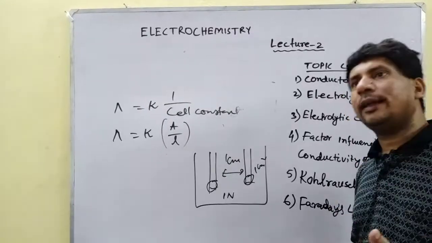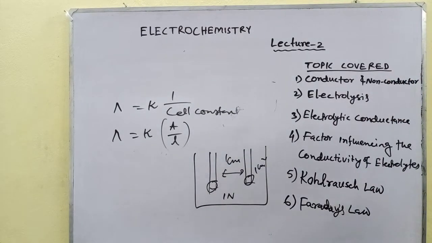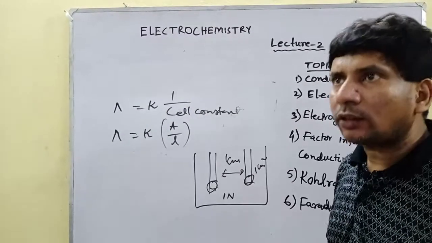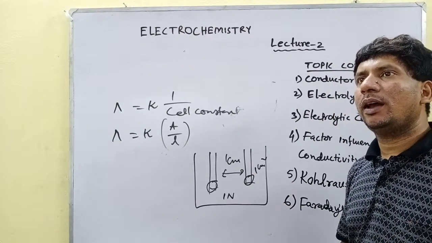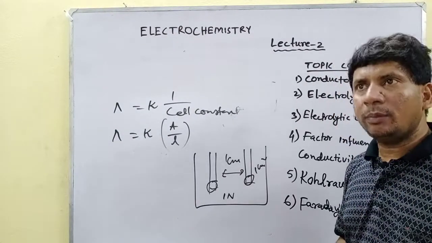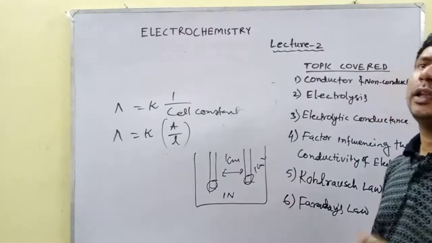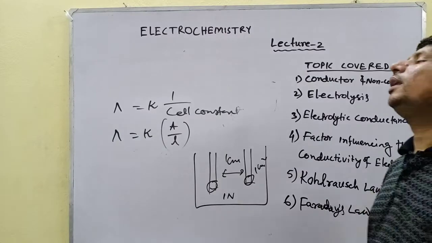So we can say that the equivalent conductance is defined as the product of specific conductance and the volume in ml of the solution which contains 1 gram equivalent of the electrolyte.